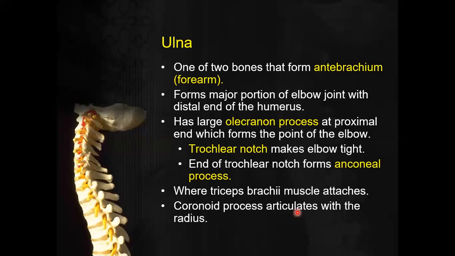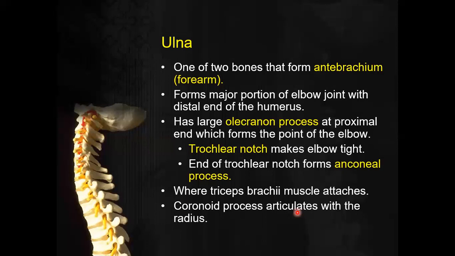Would that be a saddle joint? Or what kind? This would be a hinge joint, because if you think of your arm like a door, door open, door closed. And if the anconeal process breaks off when they dislocate their legs, can we put it back? It can.